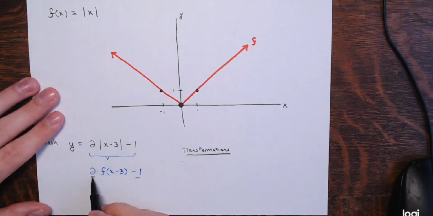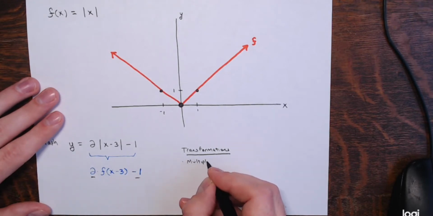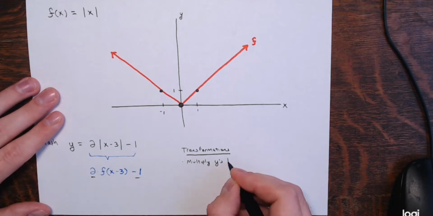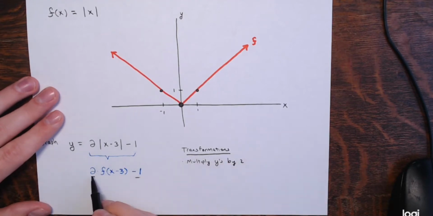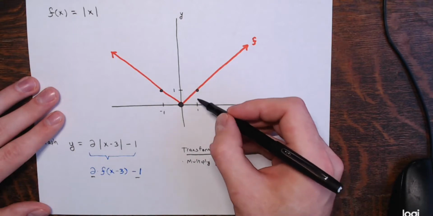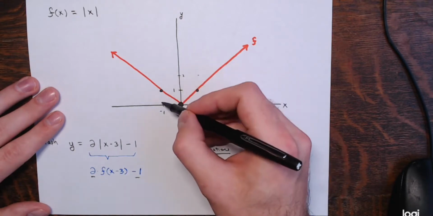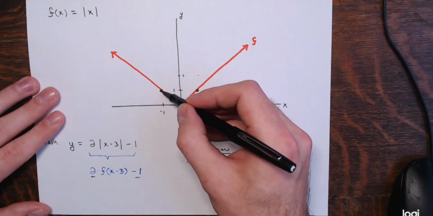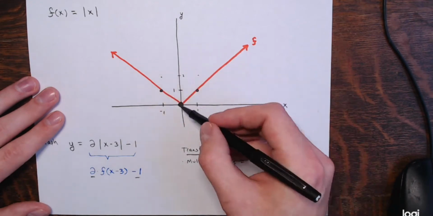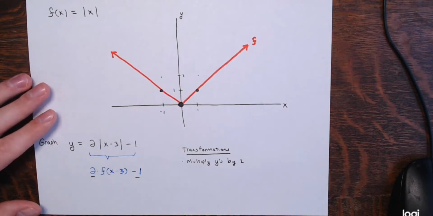One is I would multiply all the y coordinates by 2, a vertical stretch by a factor of 2. So 0, 0 would stay at 0, 0. 1, 1 would go to 1, 2. I'm just going to put little tiny dots because there's going to be a lot of movement here. Negative 1, 1 would go to negative 1, 2. And we get a thinner V shape, a vertical stretch by a factor of 2.